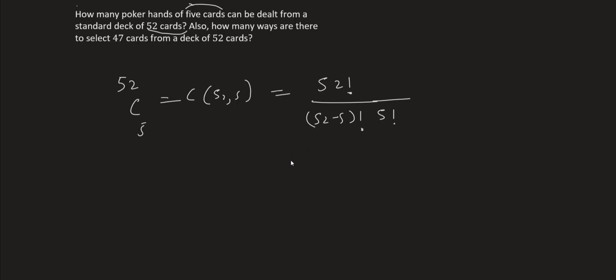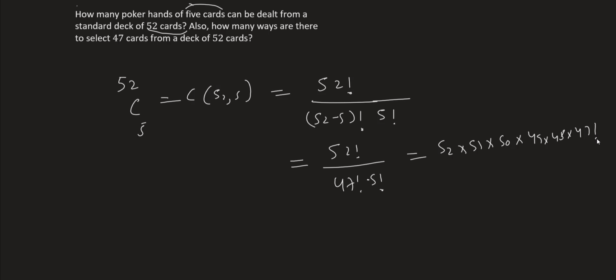So this will be equal to 52 factorial divided by 47 factorial times 5 factorial. So this will give us 52 times 51 times 50 times 49 times 48 times 47 factorial divided by 47 factorial times 5 factorial. So this and this will cancel out.